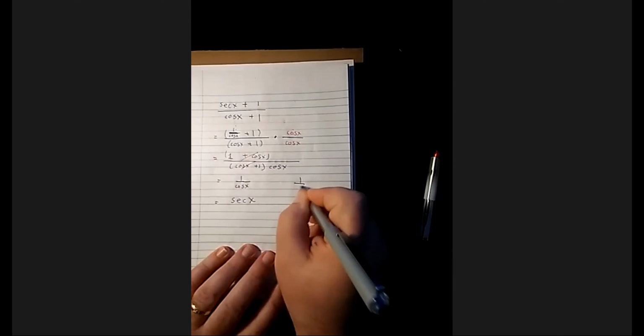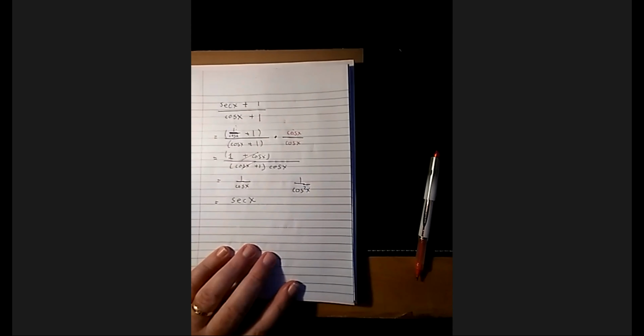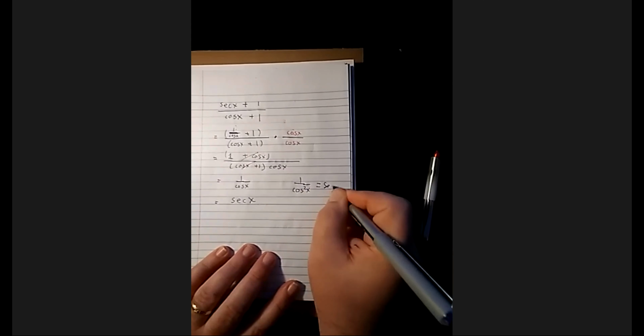Imagine this is a different question. You don't even leave it like that. So one of the rules of simplifying a trig expression is to make sure that, if at all possible, you try and avoid having fractions.